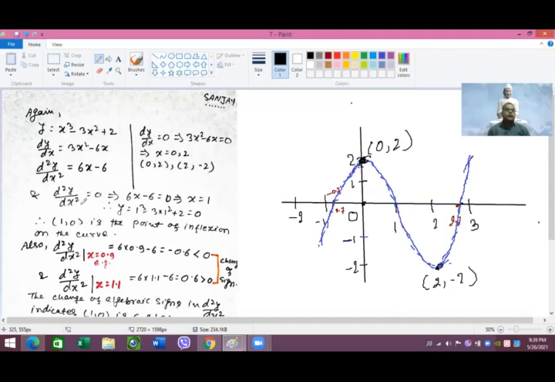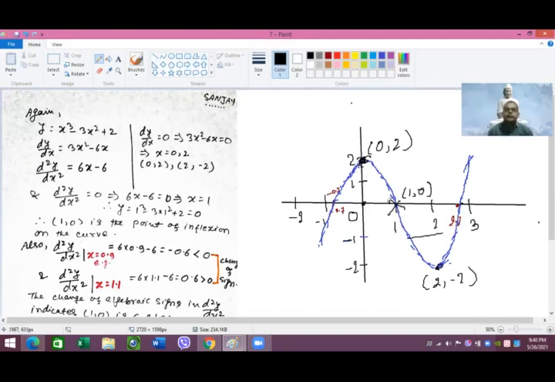The second order derivative, if you equate it to 0, gives you the point of inflection. So when you put the second order derivative as 0, the point of inflection is x equals 1, and hence the coordinate value of y is 0. So 1, 0 is the point of inflection on the curve.